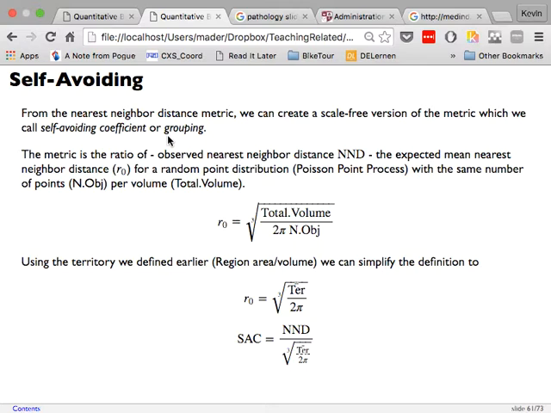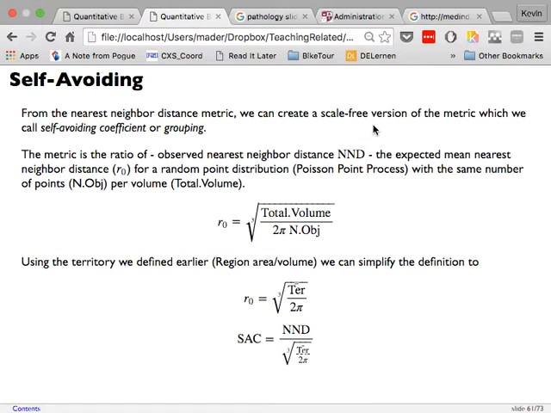This factor is very commonly used in biology and material science. What you do is compare the observed nearest neighbor distance with what it would be expected to be in a completely random point distribution. If you know about Poisson point processes, you can model this very easily.